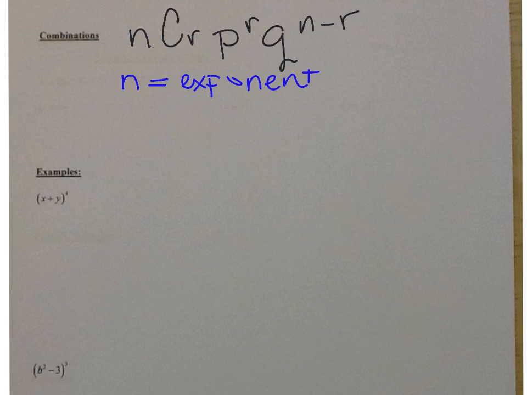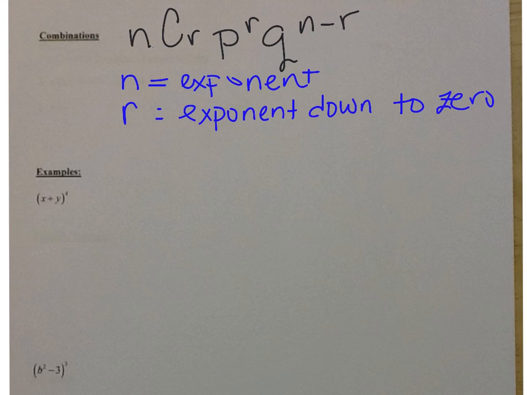That's my clock in the background going off. r is your exponent down to 0. p is the first term, and q is your second term.